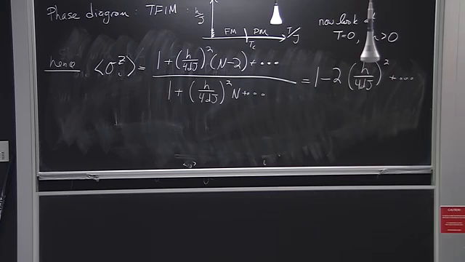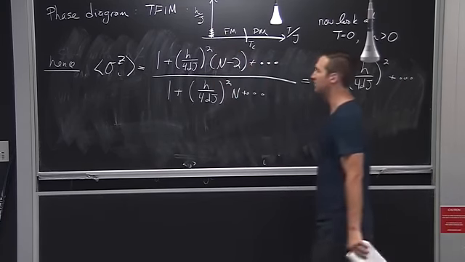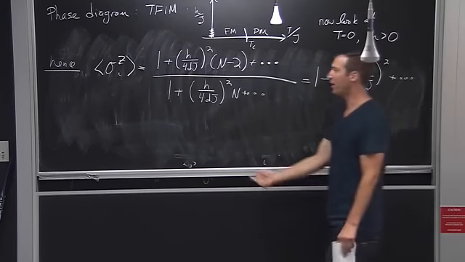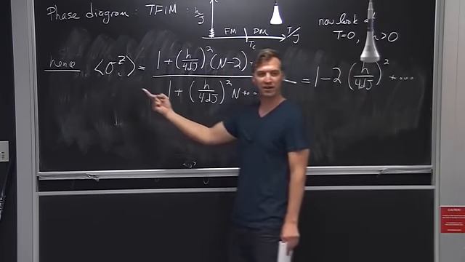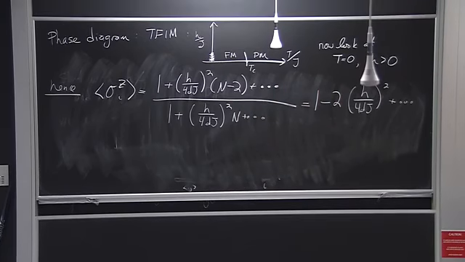When h is small, it's just what we're looking for: this symmetry breaking, this is the order parameter for the broken symmetry in the ground state, and you're seeing that that thing survives with the inclusion of a non-zero transverse field.